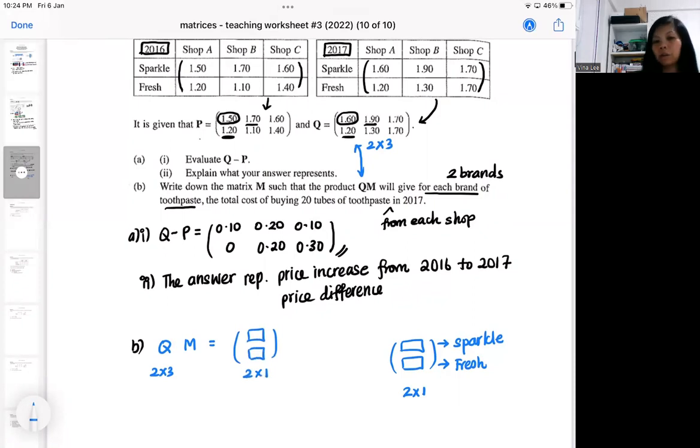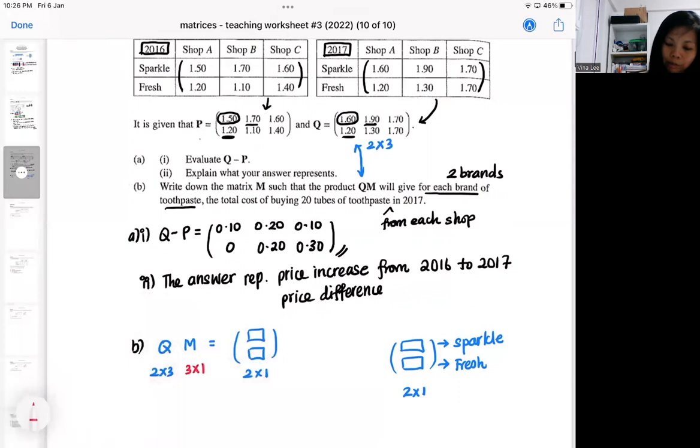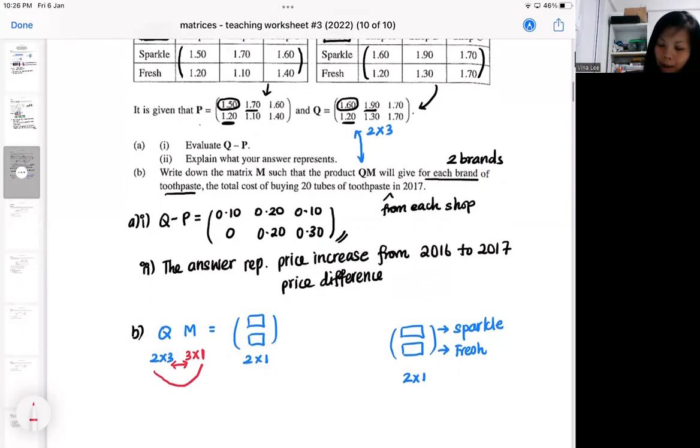How am I going to get a 2 times 1 matrix when Q is already a 2 times 3 matrix? The only way is a 3 times 1 matrix. I need to match these 2, and this will be the 2 times 1. So you've got to think of what you are getting first. You work backwards. Then you realize that M should be a 3 times 1 matrix.